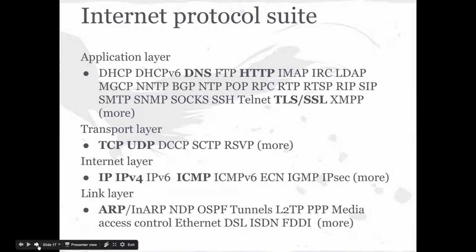For network security, I've highlighted in bold the protocols that you need to be familiar with. That is, at the application layer, DNS, HTTP, TLS, and SSL. At the transport layer, TCP and UDP. At the internet layer, IPv4, ICMP. At the link layer, ARP.